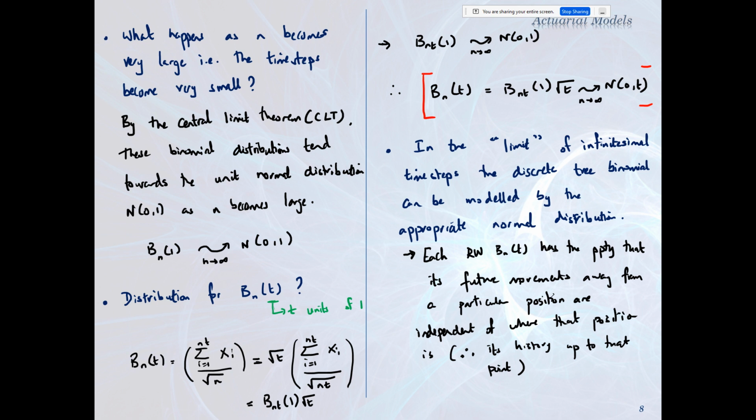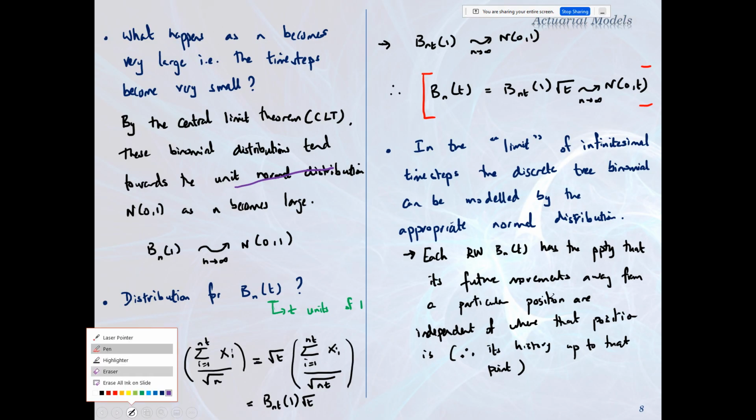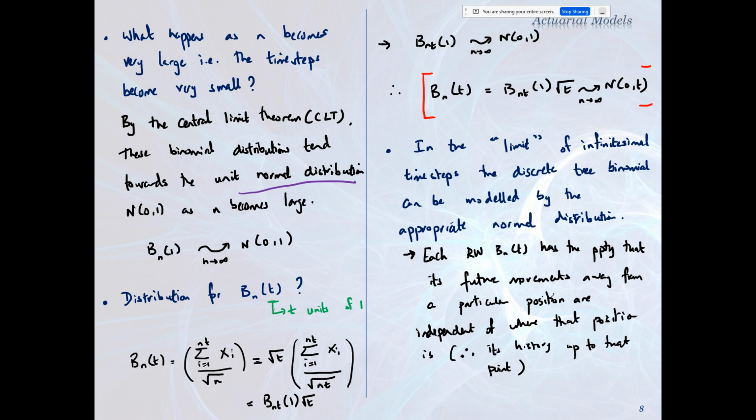As n becomes very large, that is, the time steps become very small, by the CLT, the central limit theorem, these binomial distributions tend towards the unit normal distribution, N(0,1). So Bn1 follows N(0,1).